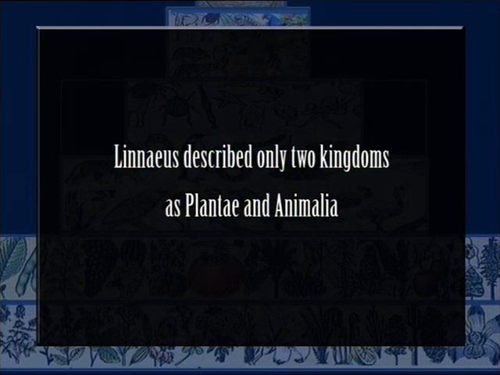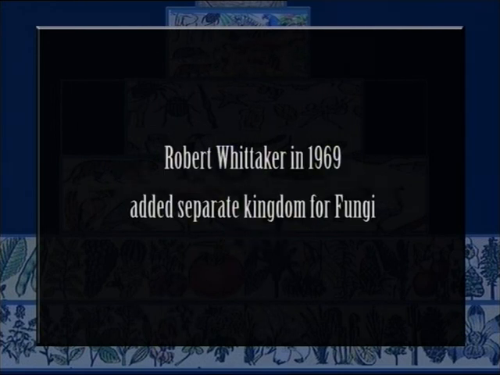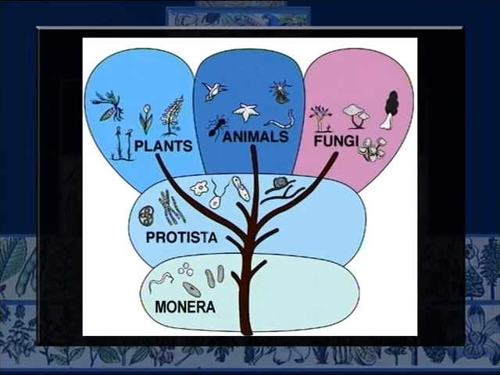As already discussed, Linnaeus described only 2 kingdoms, Plantae and Animalia, for the living world. Haeckel in 1866 added kingdom Protista to the Linnaean kingdoms. Copeland in 1938 added a 4th kingdom, Monera, while Robert Whittaker in 1969, adding a separate kingdom for fungi, divided living organisms into 5 kingdoms: Monera, Protista, Fungi, Plantae and Animalia.